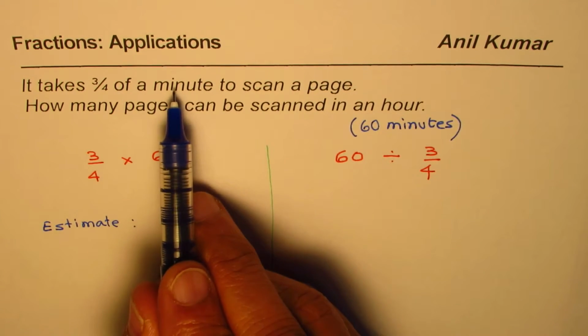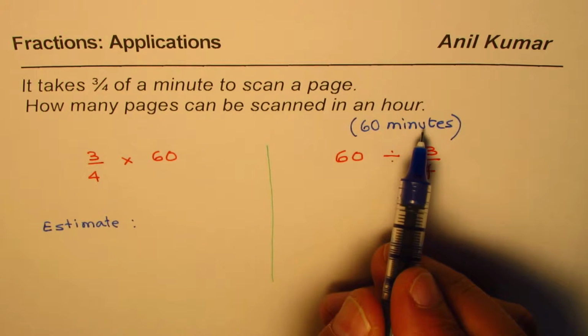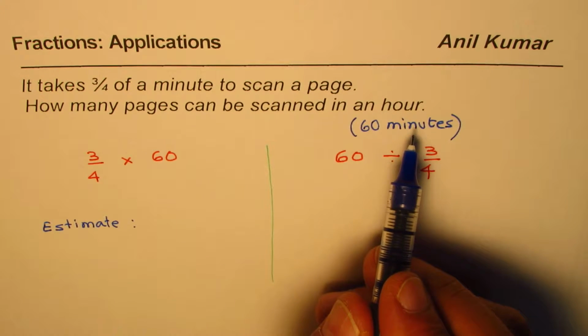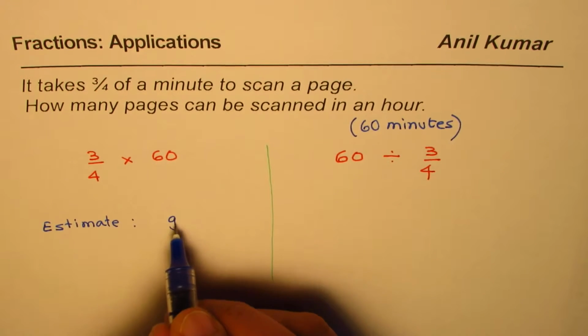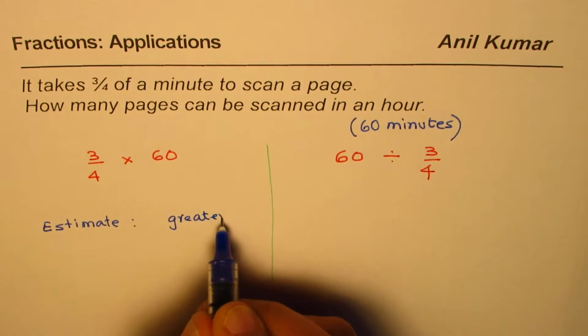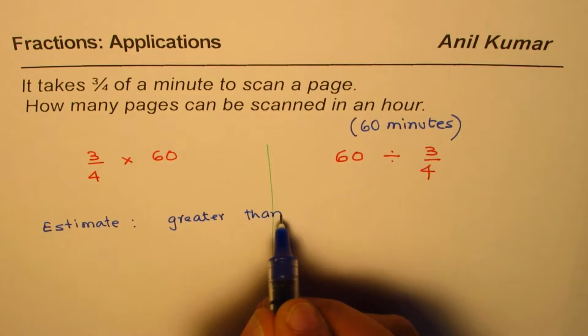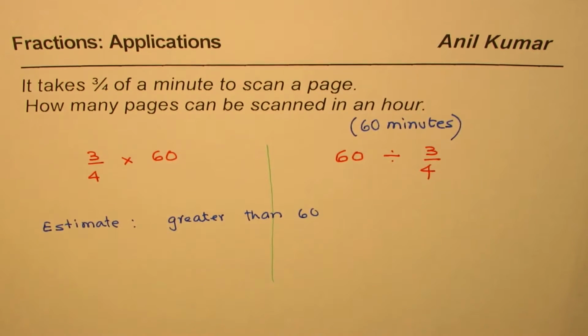Since we are taking less than a minute to scan, in 60 minutes, should we scan more pages than 60 or less? So the answer is greater than 60. So we should be scanning more than 60 pages, right?